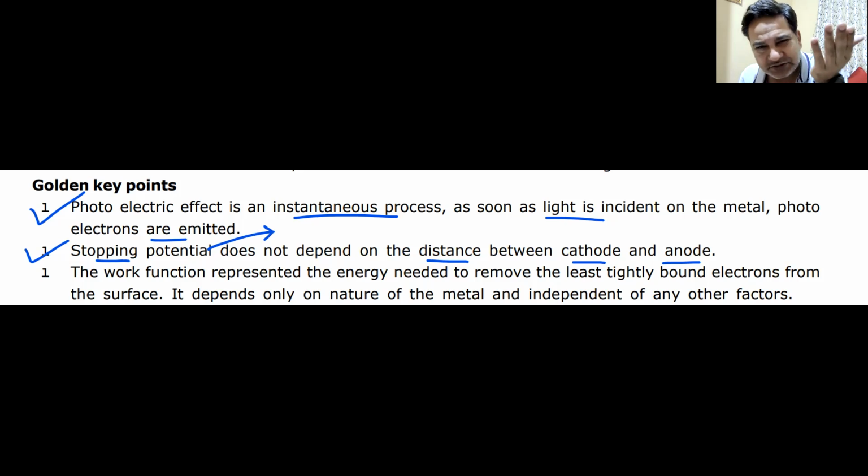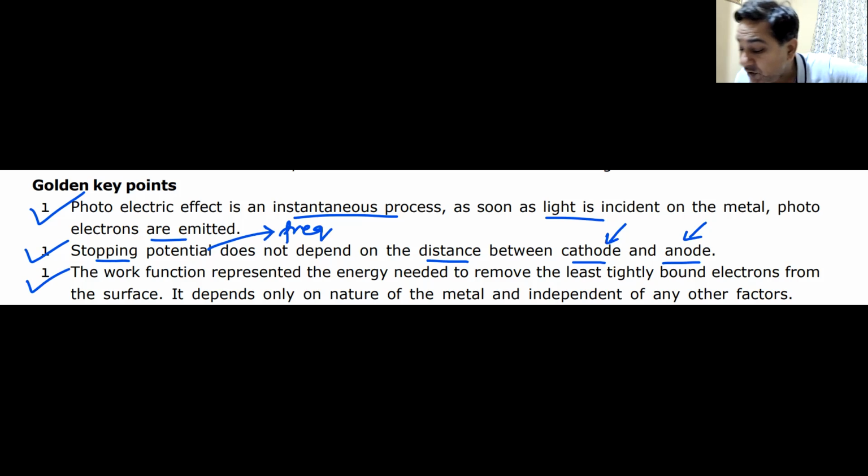Either there is intensity of light, which is related to the number of photons, or it is the energy of light, which is related to the frequency of photon. If I have said the first option is wrong, the second option has to be correct. Stopping potential depends on the frequency or the energy of photons. It does not depend on the distance between the cathode and the anode. I hope this point is clear.